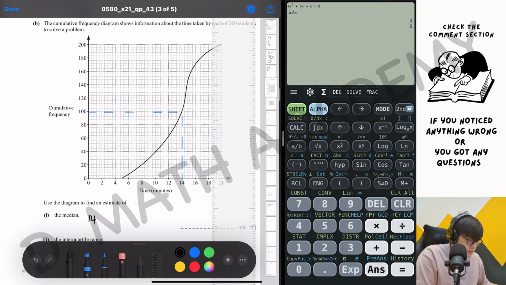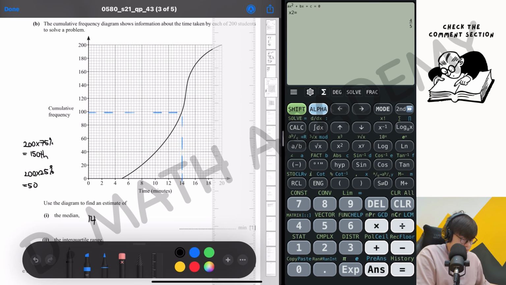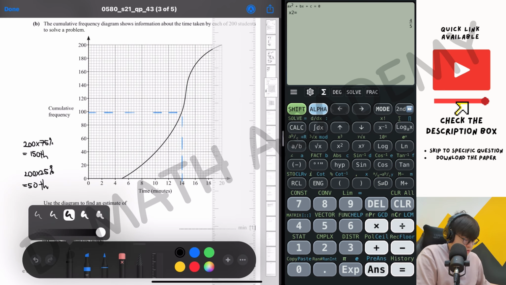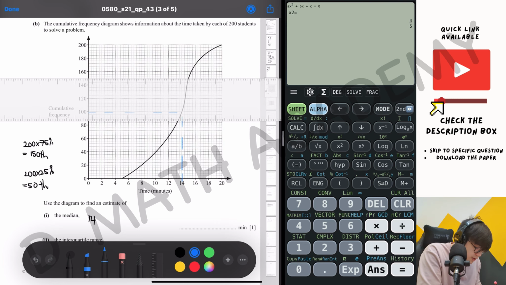As for the interquartile range, you have to take 200 times 75%. That would actually be 150, and 200 times 25% will be 50. So trace their respective values. When it's 150, the value is actually over here.